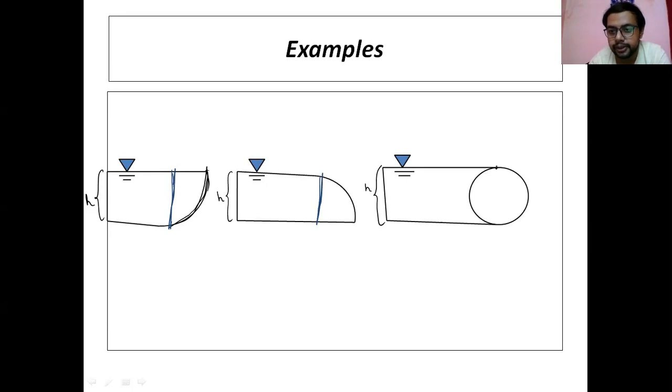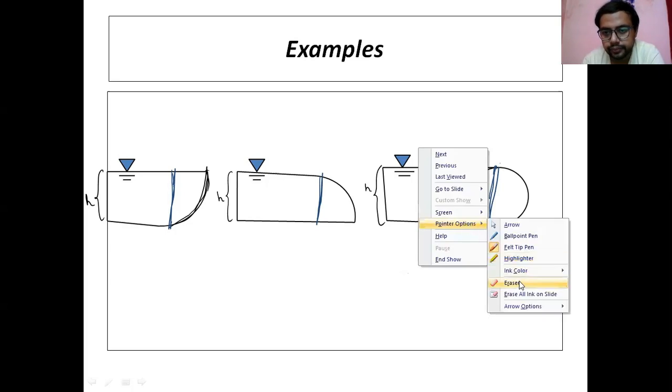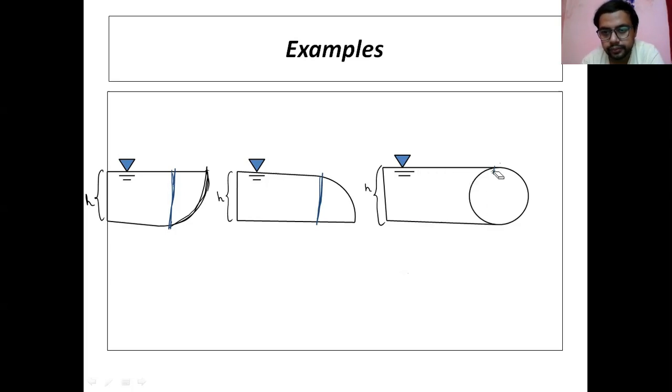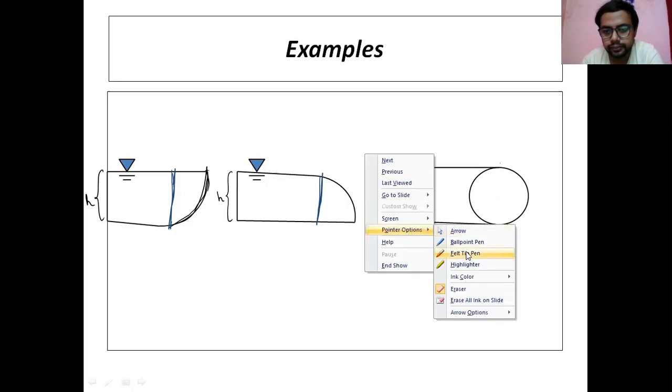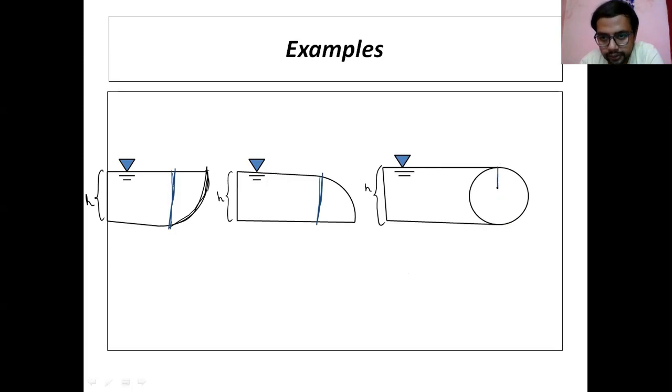Here also, if you project, it is a vertical surface, and here also, it is like this.